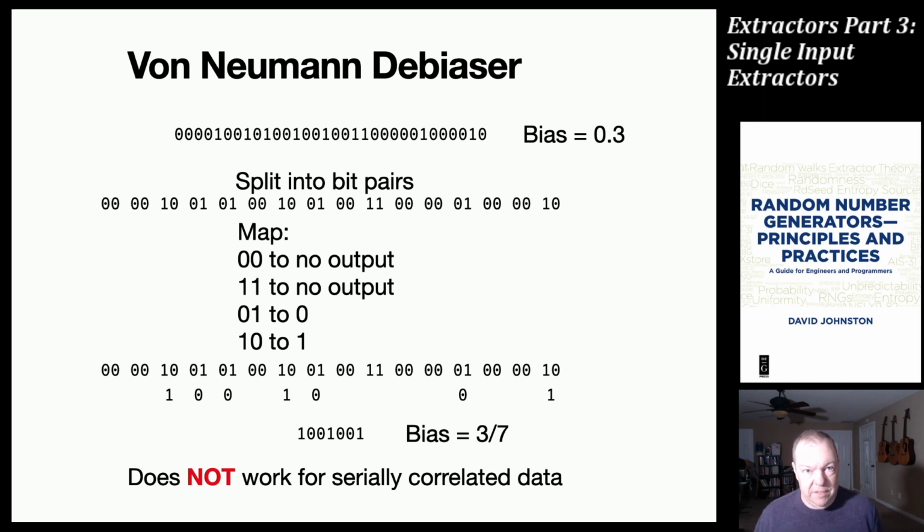But that's what full entropy random data should look like. But really what it's doing is debiasing. So it's taking biased data and turning it into unbiased data.